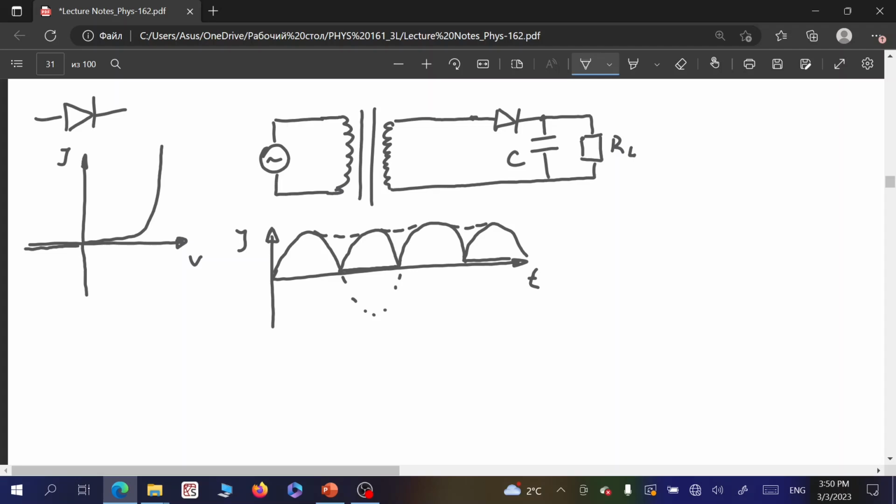We considered also transformers. I've shown how we can determine voltage at the terminals of the secondary coil if we know number of turns and voltage at the primary coil.